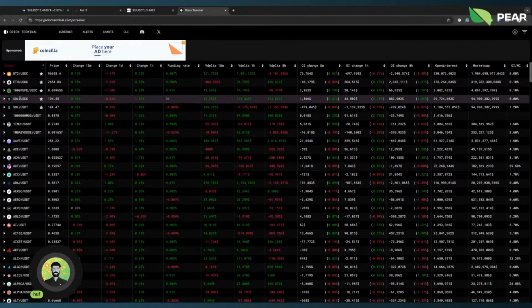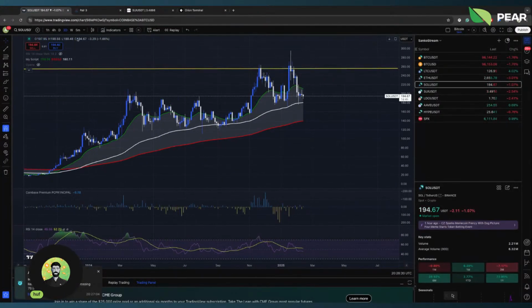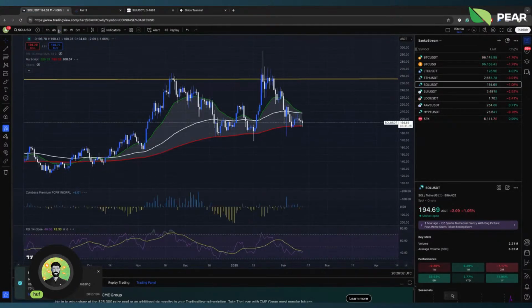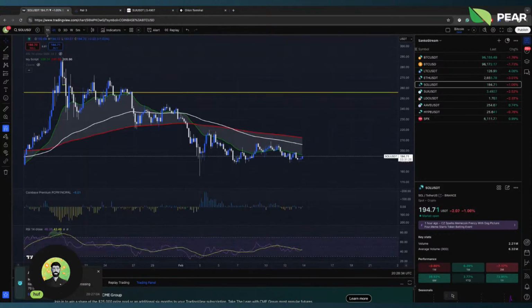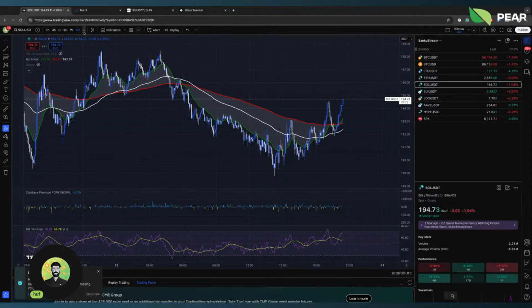If I take Sol, let's do Sol as another example. So price is 194.45. Over the past 15 minutes, price is going up. Let's have a look at what's going on with Sol. Obviously on higher time frames, not much. On lower time frames, looks like, oh my god, breakout, must buy this thing.